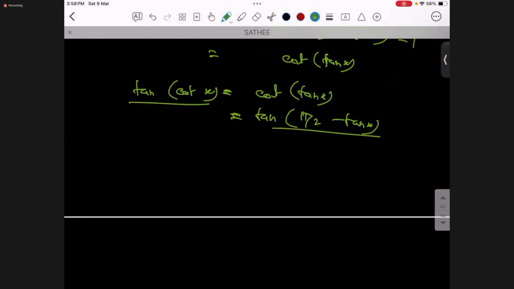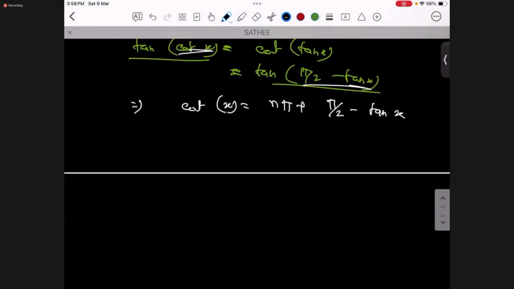Okay. Now, these two values are same. So, this will give us the angle will be in n pi distance. So, from here, one can write this implies cot x equals n pi plus pi by 2 minus tan x. So, this will give us cot x plus tan x equals n pi plus pi by 2. Fine.